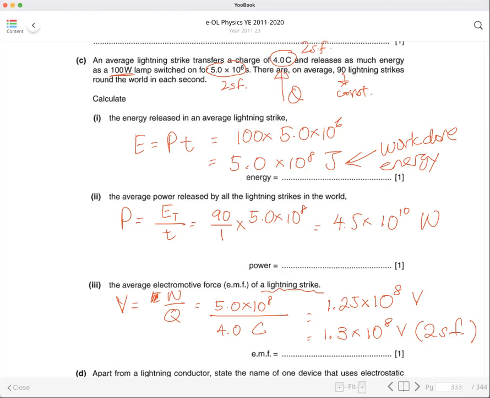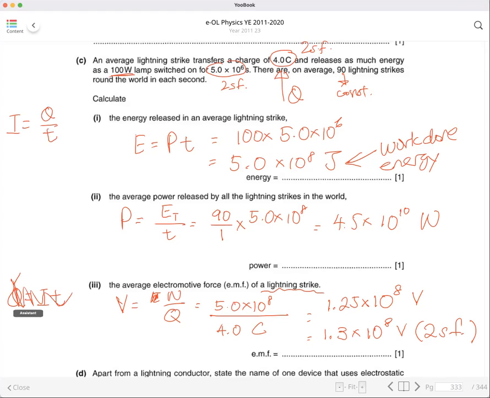Okay, Ryan used another method. Ryan used Q is It. But how do you use Q is It? You know the Q. Do you know the T? You don't know the T, what do you do? Okay, so what Ryan did is this.